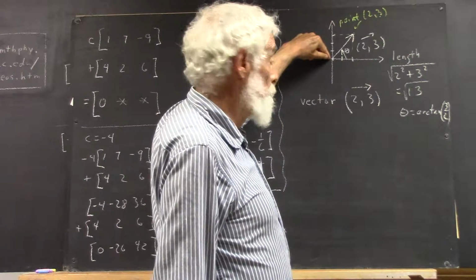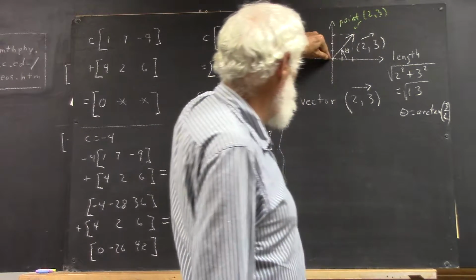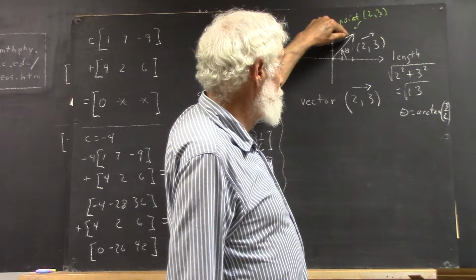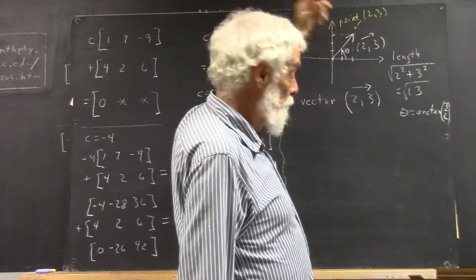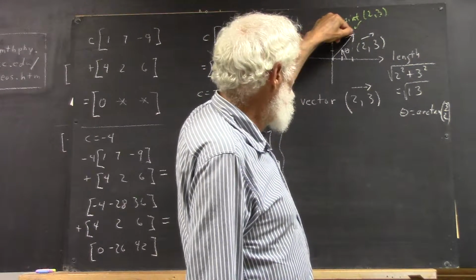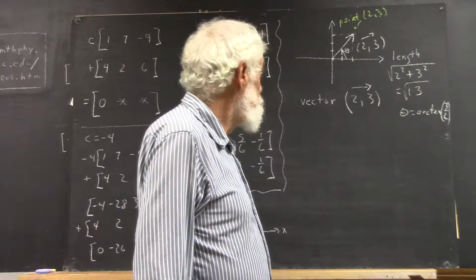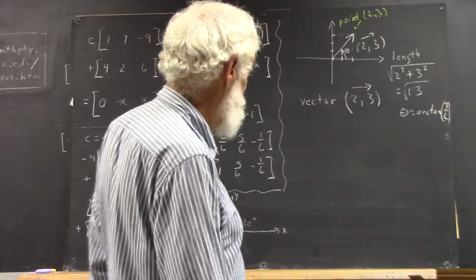This is called the initial point. That's going to be in the handouts that you'll work on for next time. And the terminal point is the point where the head of the arrow is going to be. You have an arrow from the initial point to the terminal point, the point of the arrow on the terminal point.